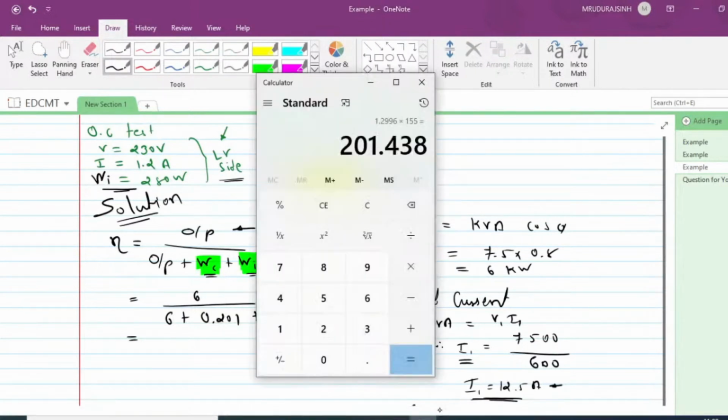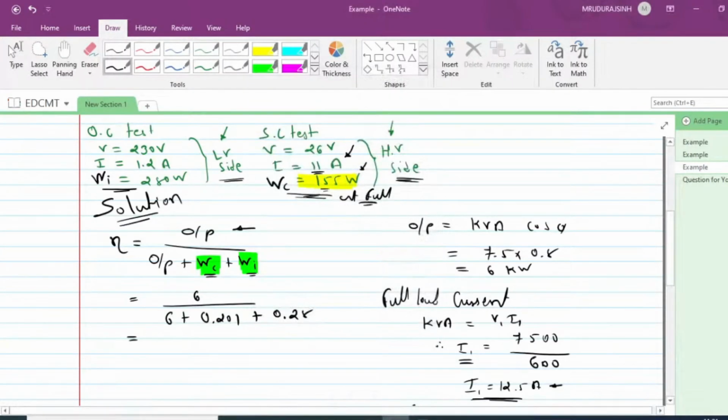So 0.201 plus 0.28 plus 6 gives us 6.481. 6 divided by 6.481 gives us 0.9257, so it's 0.926, right?